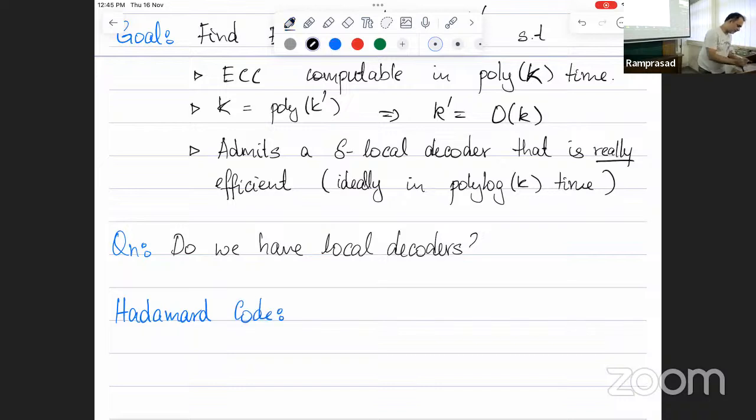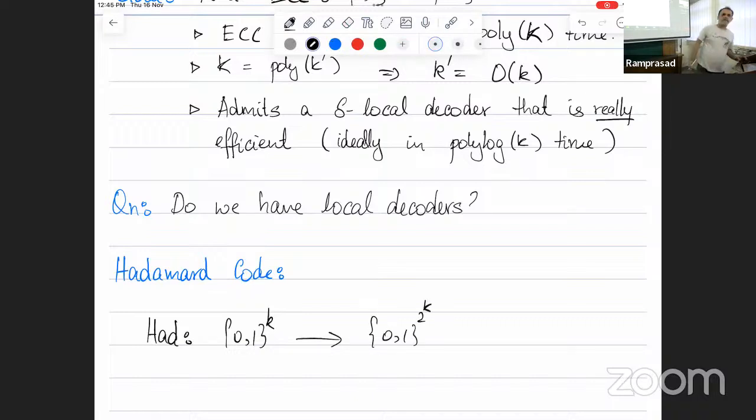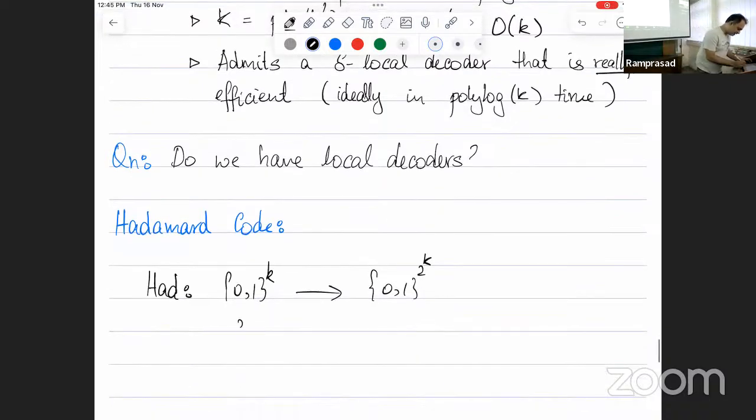Okay. Recall that what is the Hadamard code? It's something that takes a string of length k and returns a string of length 2 to the k. Okay, and how should I interpret the string? If I think of this as x, so this is going to be v inner product with x as v ranges over every single vector in F2 to the k.